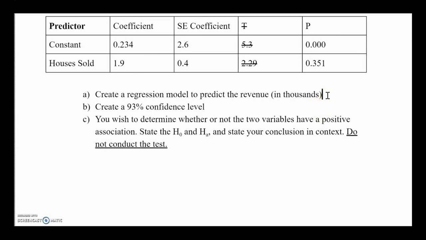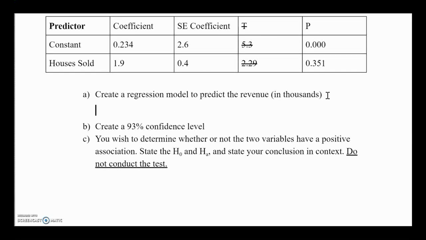Now what's my first question asking? Create a regression model to predict the revenue in thousands. Okay, so we know how a regression model is based. It's your prediction equals your y-intercept plus your slope times your x. So what am I trying to predict?